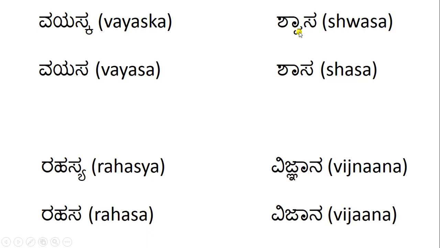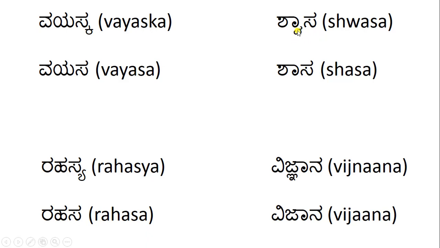Now, I told you that we do not have different symbols for different sounds. If you see how this is pronounced, it is pronounced as shwasa. So, it is wa.